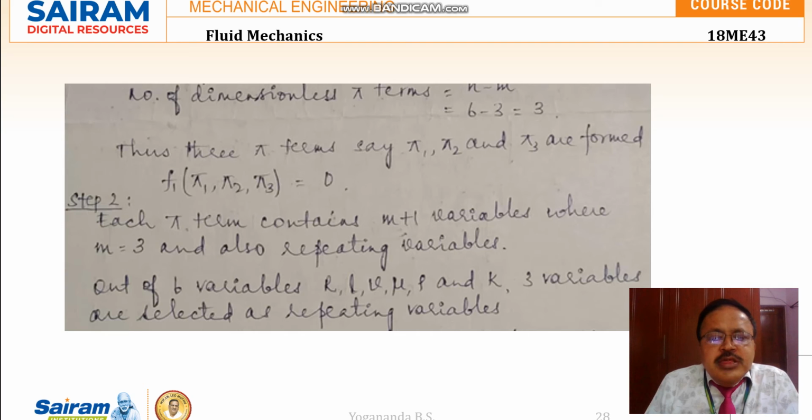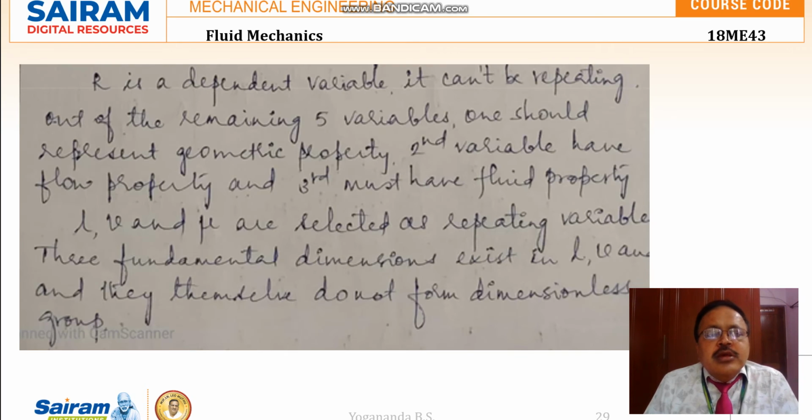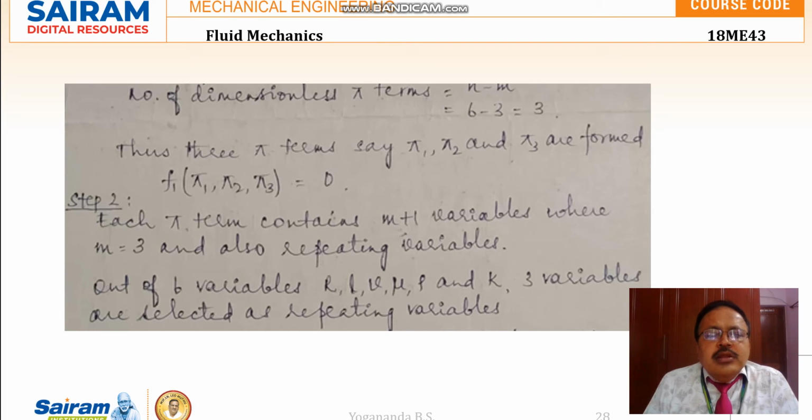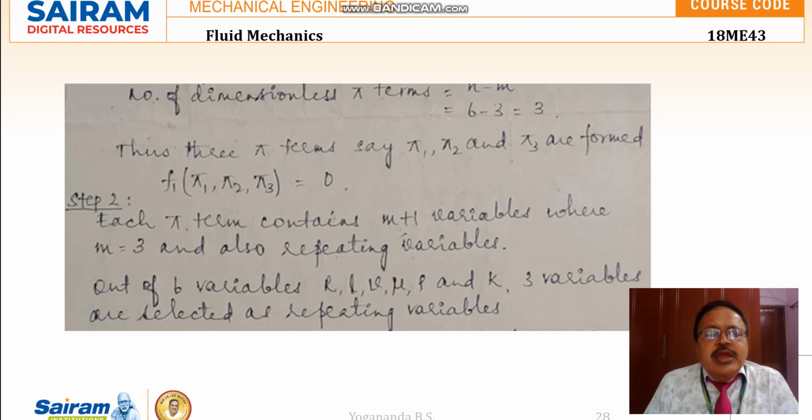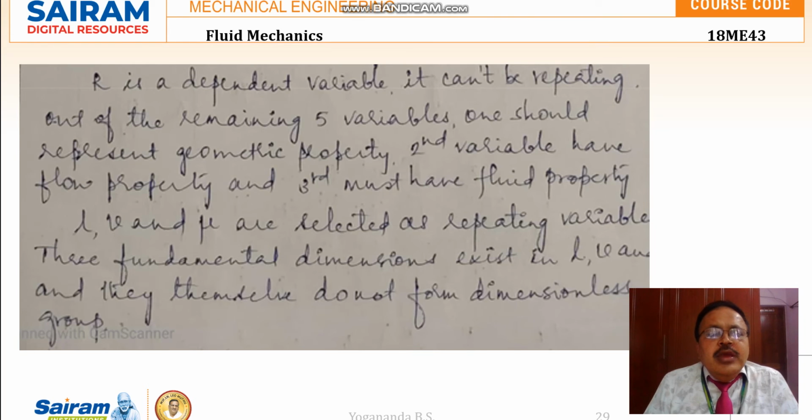R is a dependent variable, so it cannot be used as a repeating variable. Out of the remaining 5 variables, one should represent geometric property, second flow property, and third fluid property.